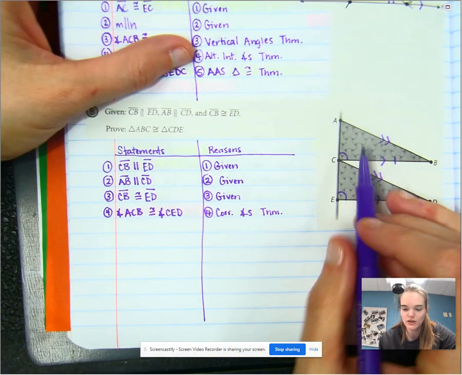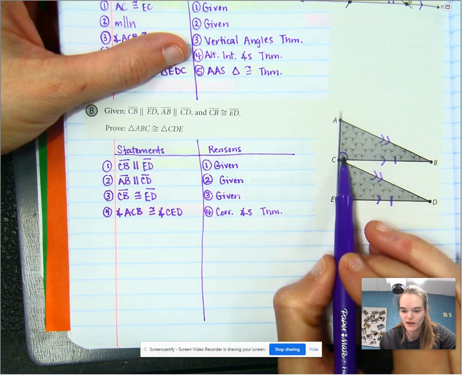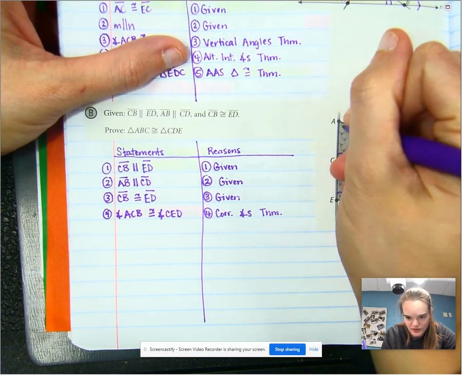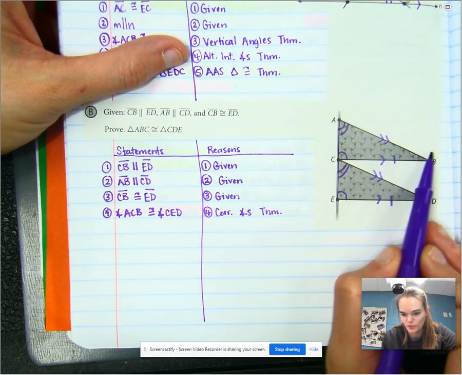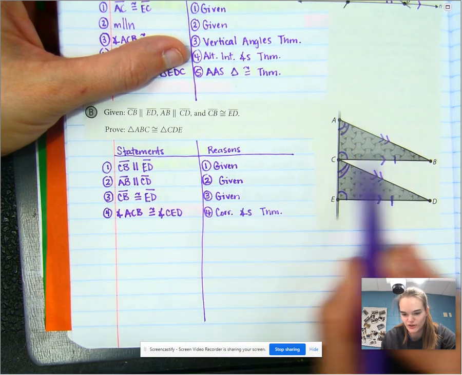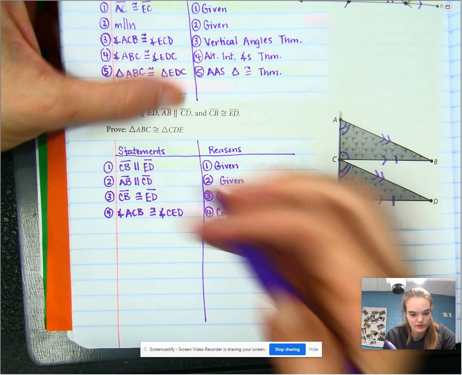All right, we want angle, side. So we don't want this one because that'd be angle, side, angle. Angle, side. Well, we need to see then, do we think these two are congruent? And let's think, we got two parallel lines now cut by a transversal. They are, same reason.